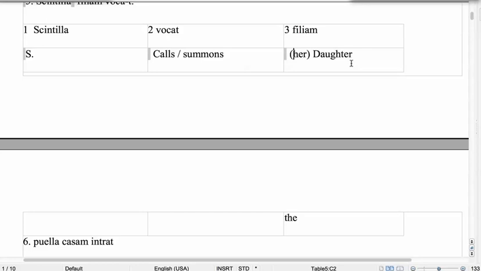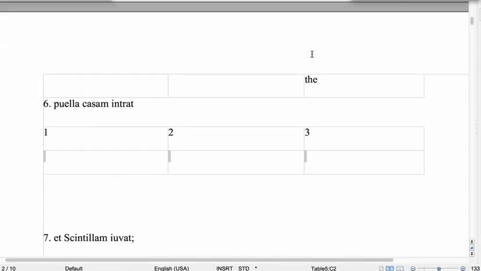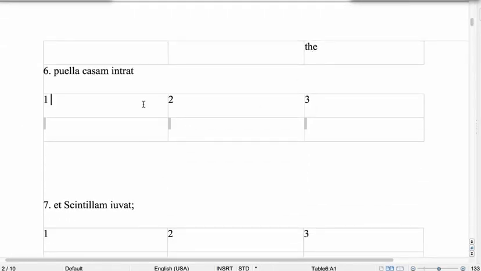Makes the best English, but it's not anywhere in Latin, so I put it in parentheses. A third change of subject is we have a short A, puella. Puella, girl. Then the verb intrat. And what she enters is the casam.